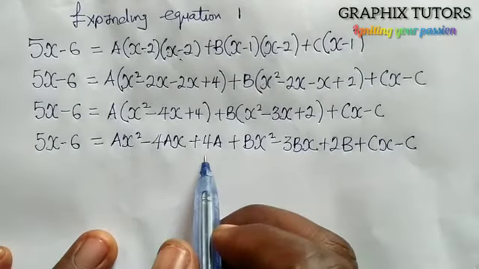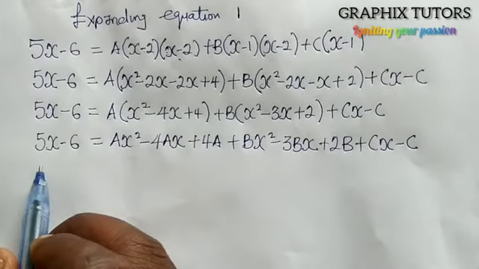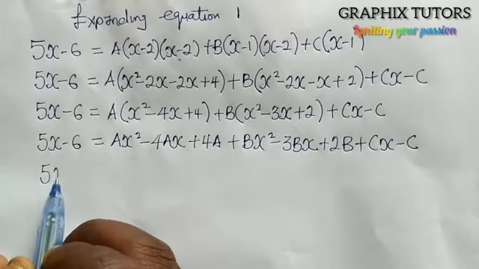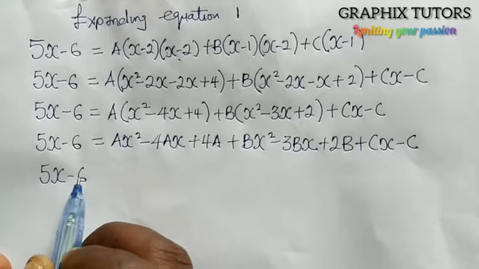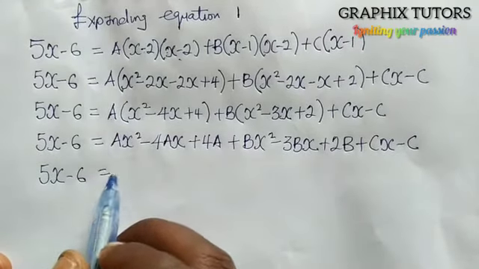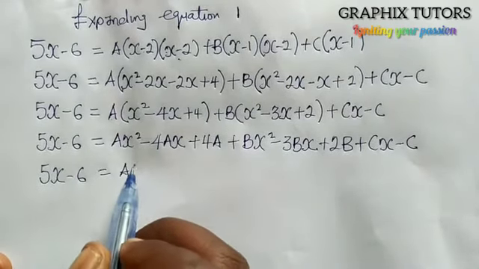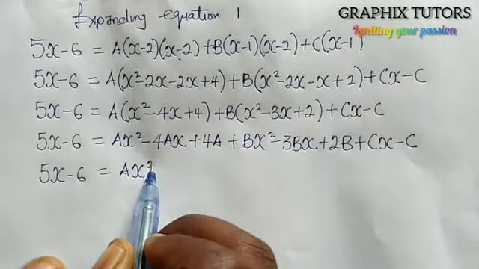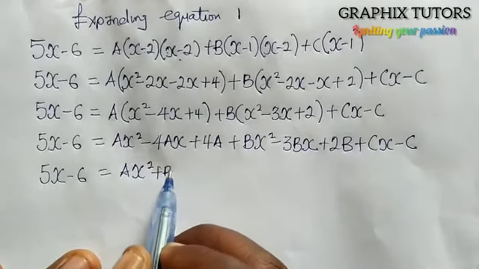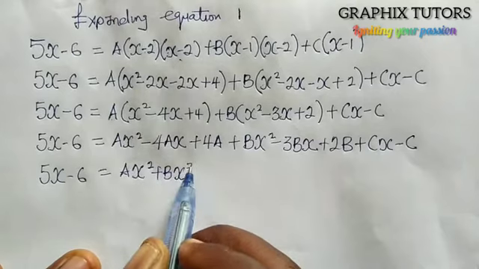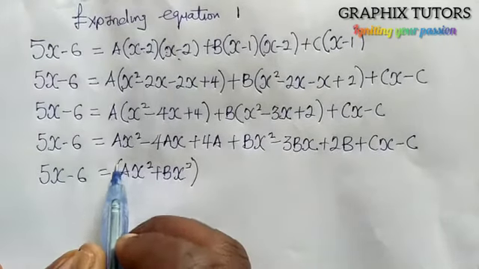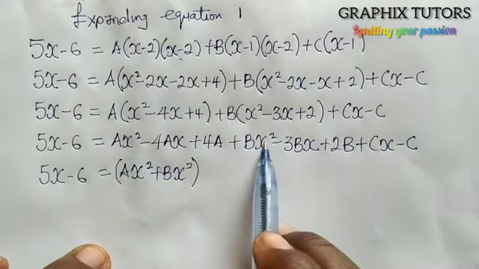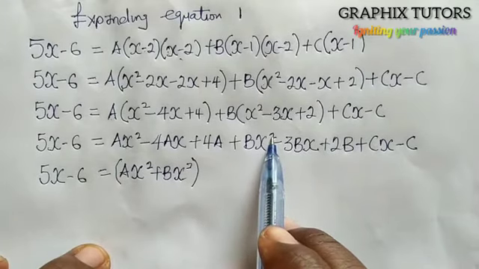Now you collect like terms here. We have 5x minus 6 is equal to, we have ax squared here plus bx squared according to the degree. So this is one of them here. I took this and this one that has power, degree of 2.